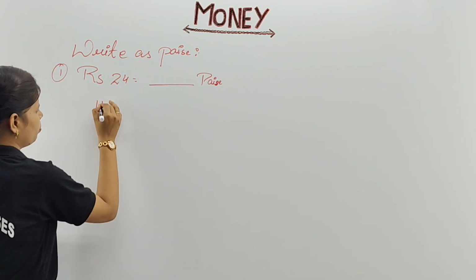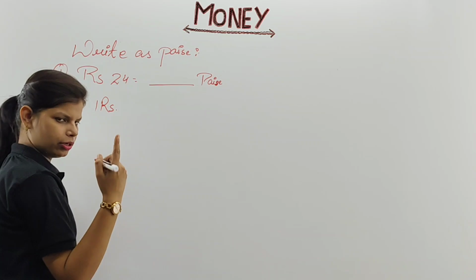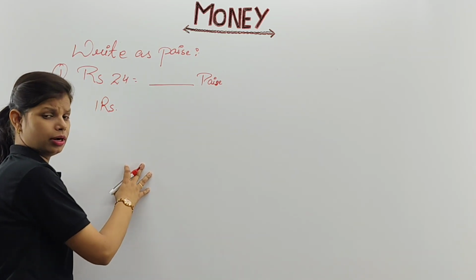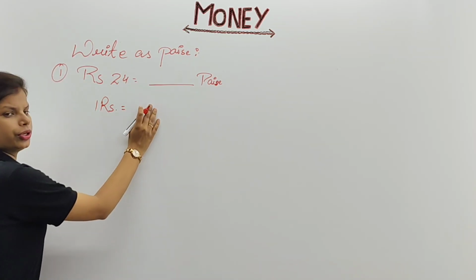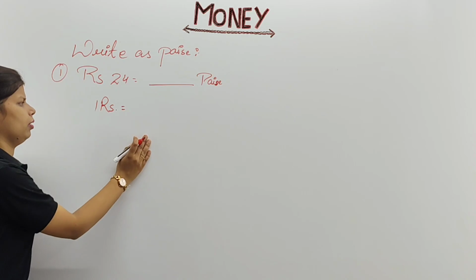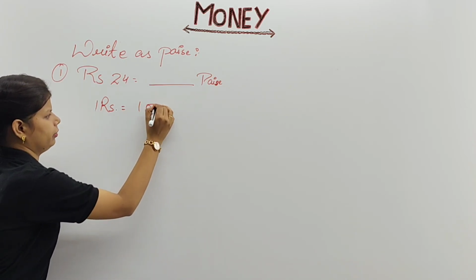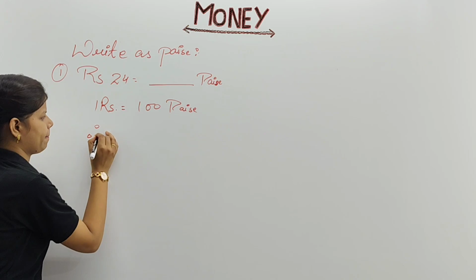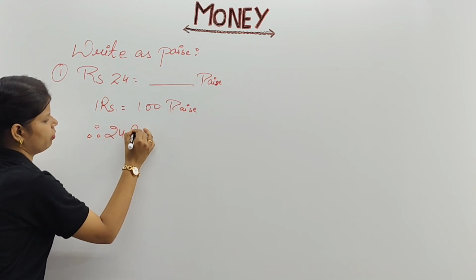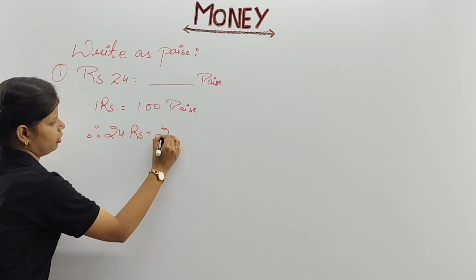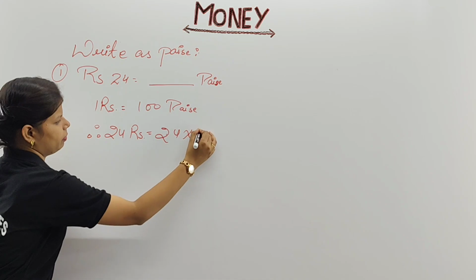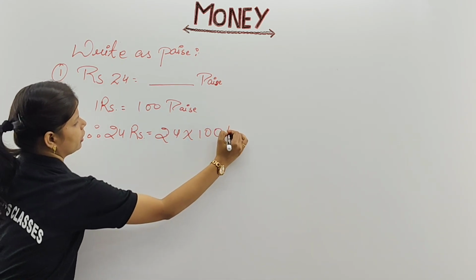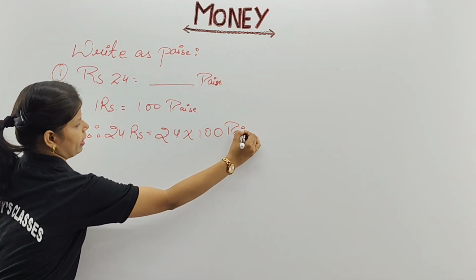Good. You know already 1 rupee. This I am explaining in long form. Later on you have to do it in short form. Within a second only you have to complete. 1 rupee is equal to how many paise? Okay, 100. Therefore, 24 rupees equal to what? 24 multiplied by 100 paise.